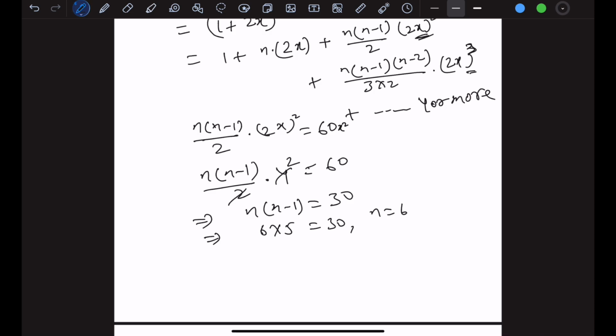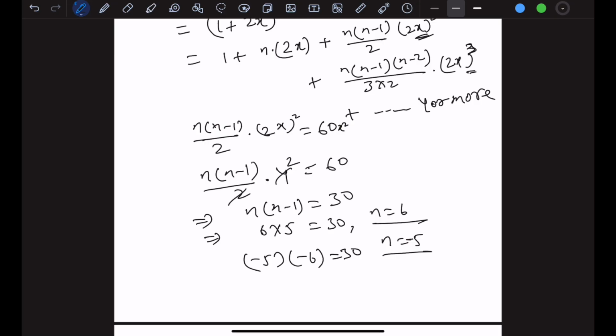There is one more solution if we try. When we put n equal to -5, we get -5 into (-5 minus 1), which is -6, equal to 30. So n can be 6 or n can be -5.